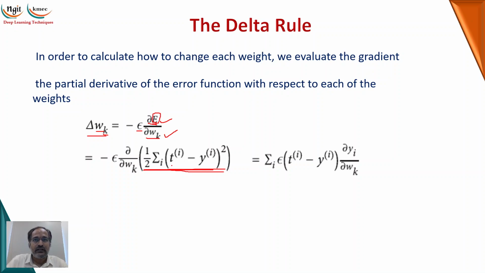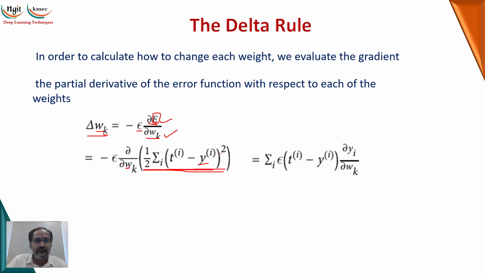See here, in this there is the square. ∂/∂WK, with respect to w, the w is involved in the y term, right? To calculate y, we have the w term.